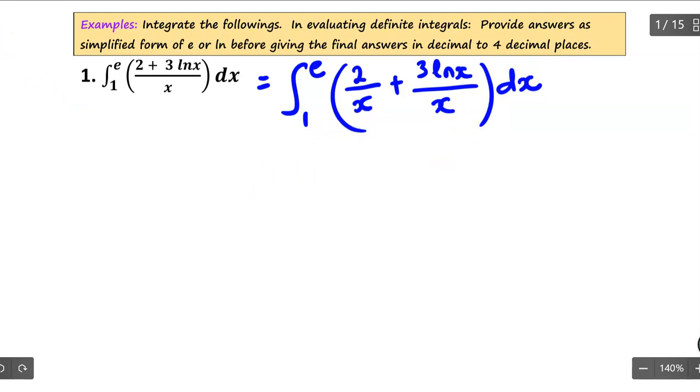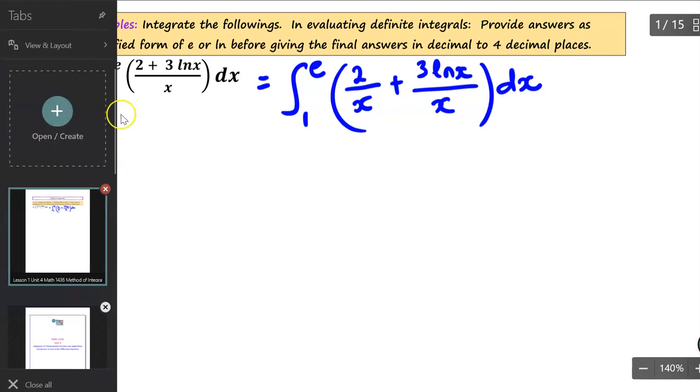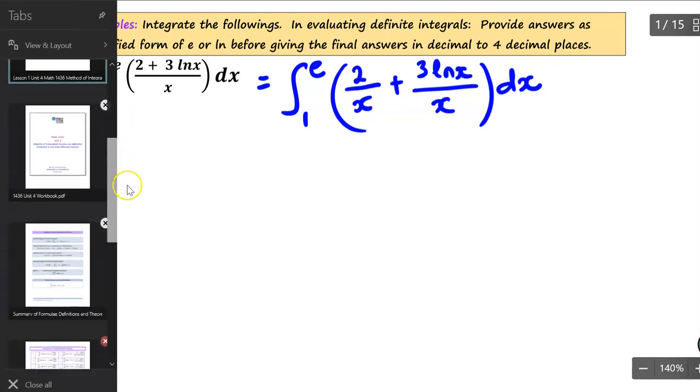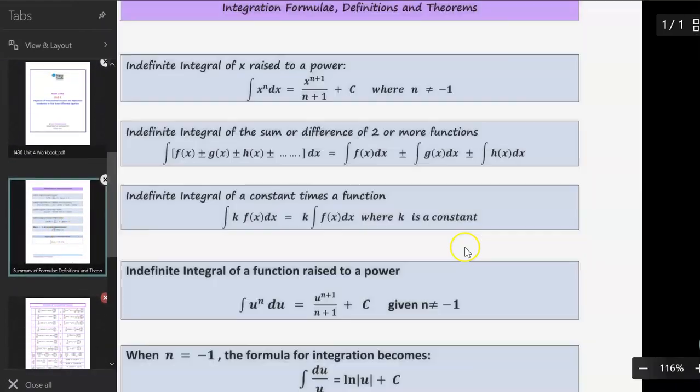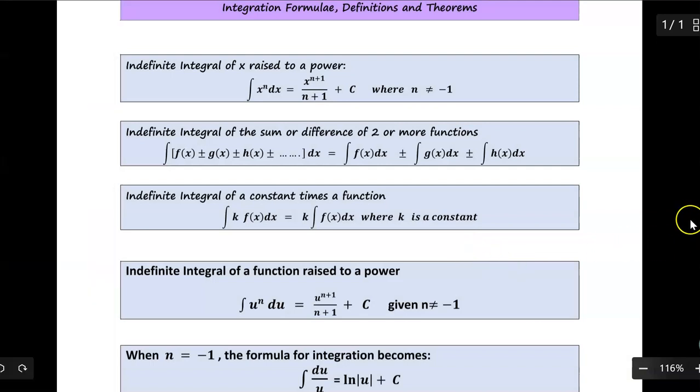So let's go back and review the formulas for integration. I can quickly show everyone that we have worked with formulas before. So we have integration formulae, definitions, and theorems.